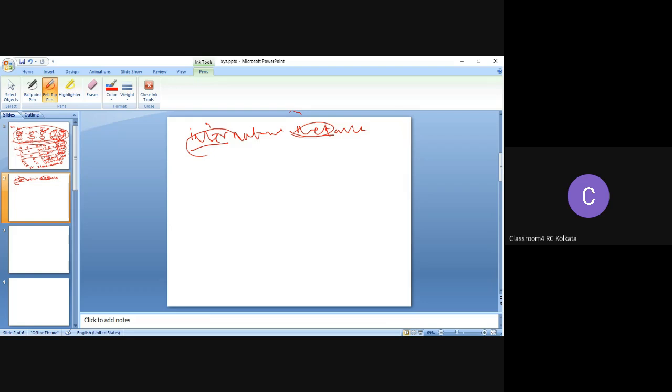It works in two ways: one is peer to peer, another is client server. Suppose here are 5 computers: computer 1, computer 2, computer 3, computer 4, computer 5. They are connected in such a way that all computers use all devices and data.